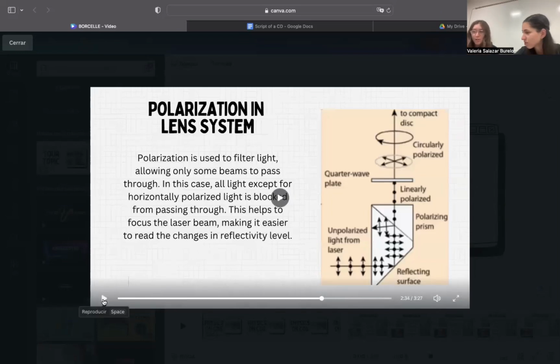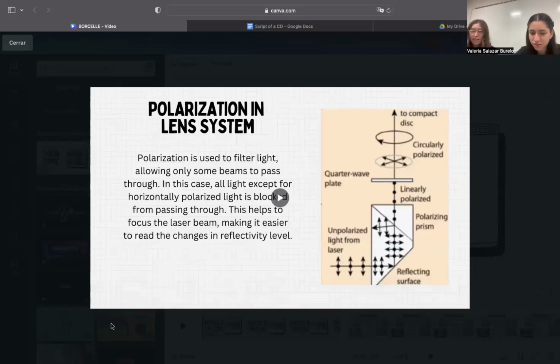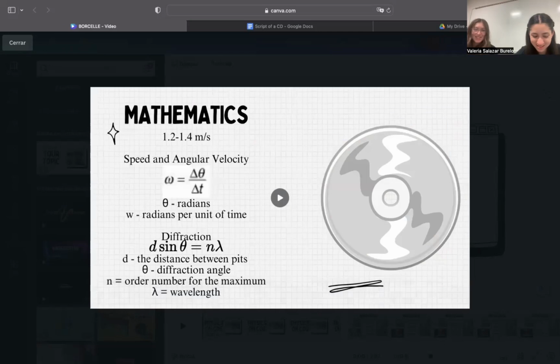So polarization is a property that transverse waves have, and it just shows which way the wave will oscillate or move through the air. Some of the math included in CDs includes the motor, which spins it at about 1.2 to 1.4 meters per second.